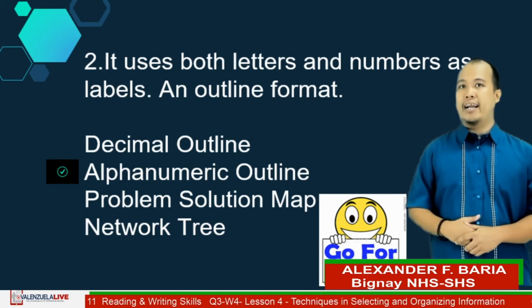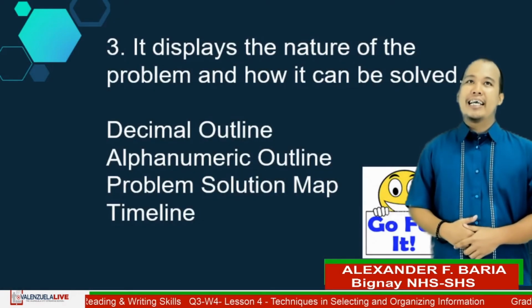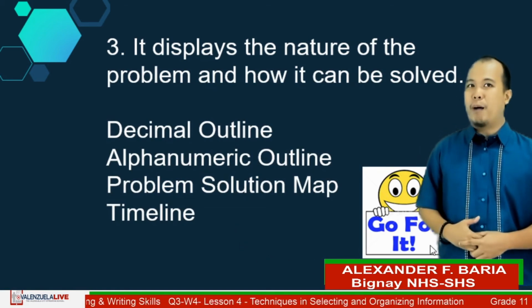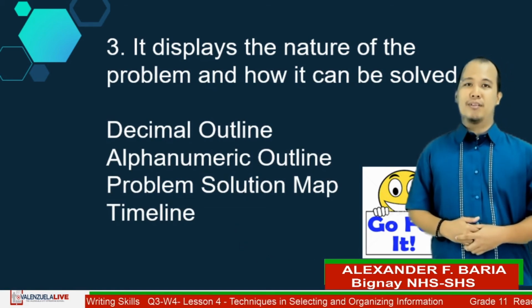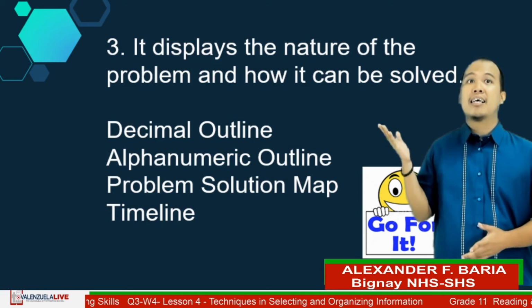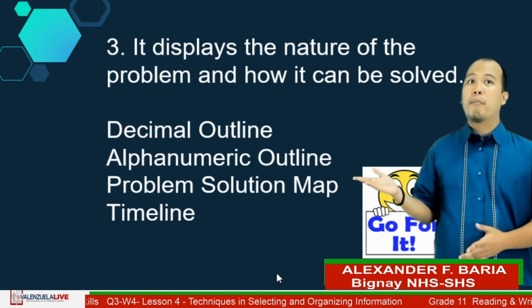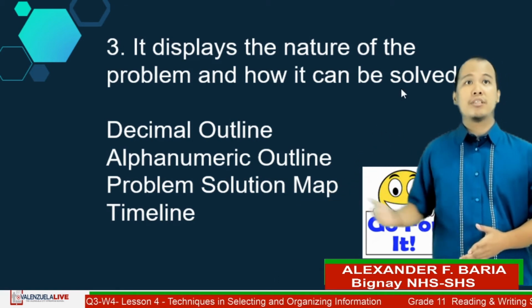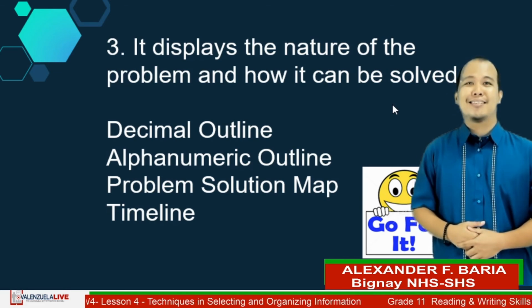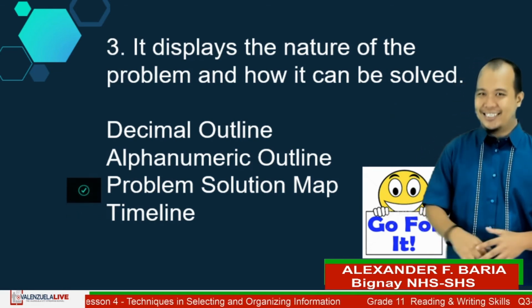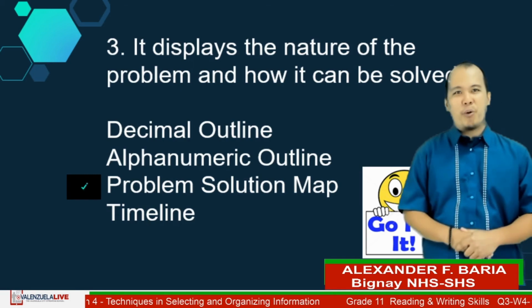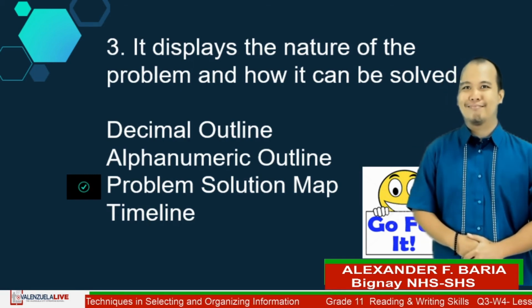What about the third item? It displays the nature of the problem and how it can be solved. Is it a decimal outline, alphanumeric outline, problem solution map, or just timeline? Excellent! The answer is problem solution map.